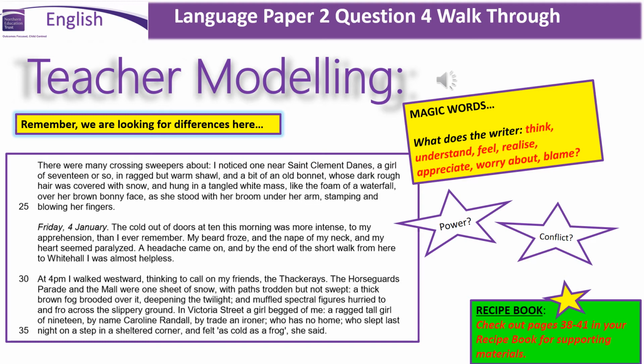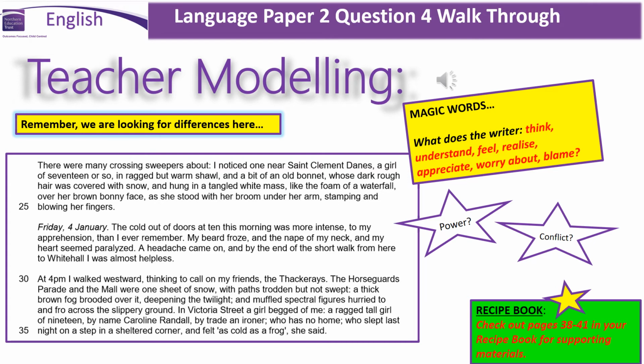And in the final paragraph, he walks to call on his friends, the Thackerays. And he walks past a girl in Victoria Street, a ragged tall girl of 19, who has no home, who slept last night on a step in a sheltered corner and felt as cold as a frog, she said.